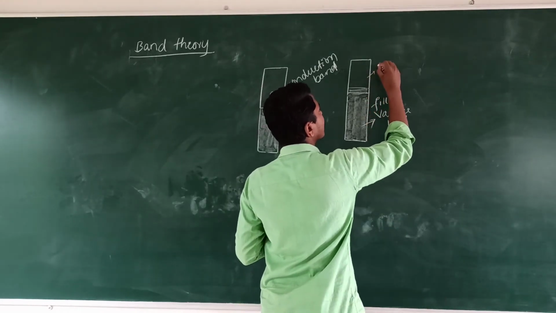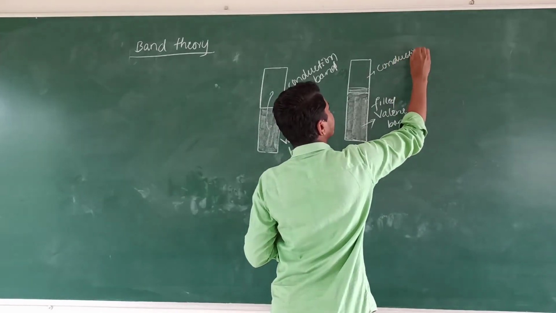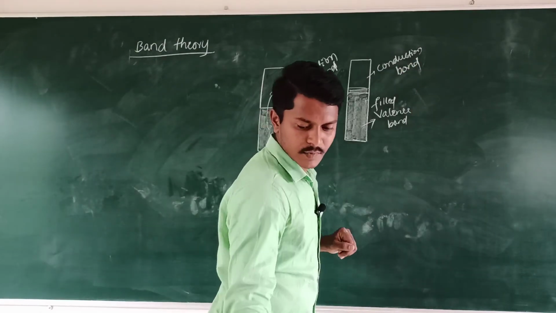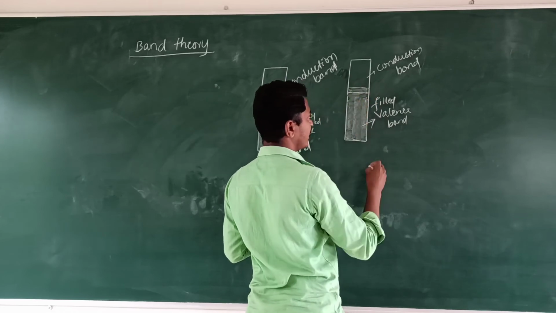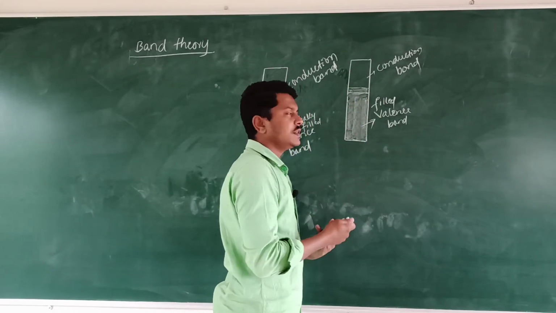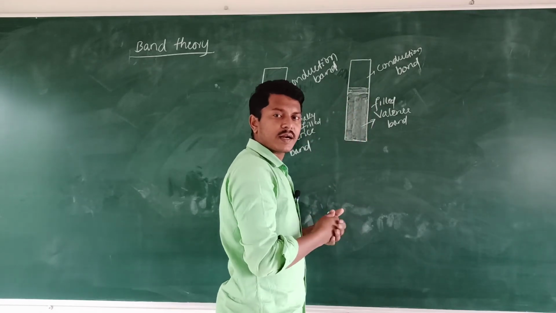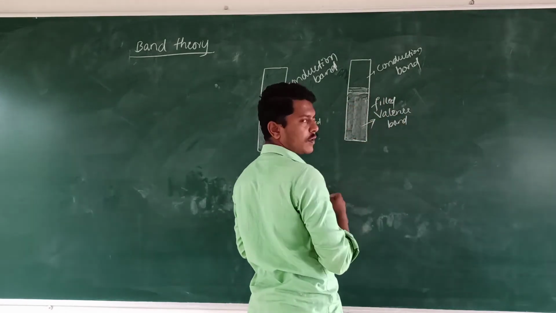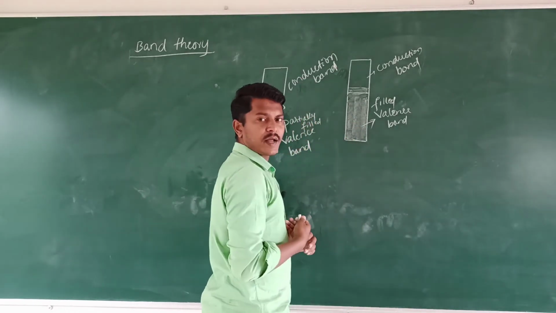This is the conduction band. Here, these two bands are overlapping. In this case, the conduction band and valence band are overlapping. This may act as a superconductor also.